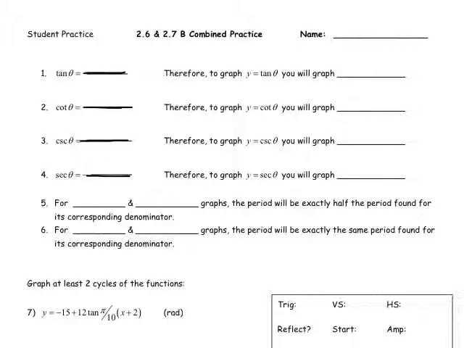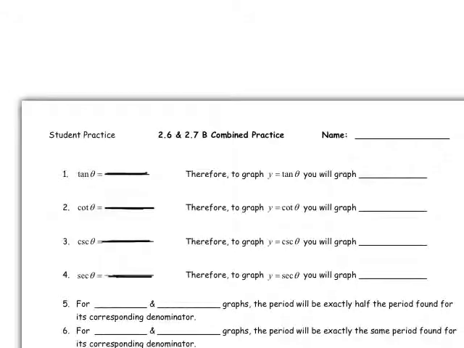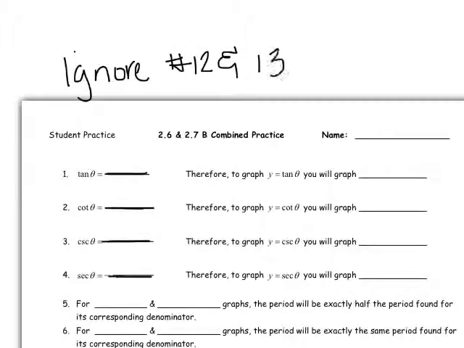And secant is 1 over cosine. So then we graph the denominators. Here I'm just looking for which 2 periods are cut in half and which 2 aren't. And then we start with some examples. This homework is kind of long, so let's ignore the last page, number 12 and 13. Don't cross them off, we'll do them in class together, but just go ahead and don't do them tonight. And that's it.